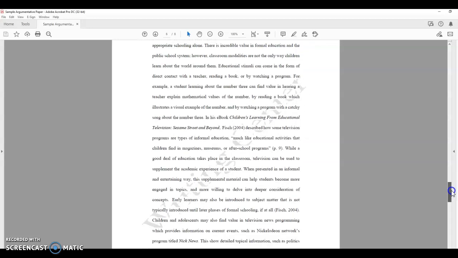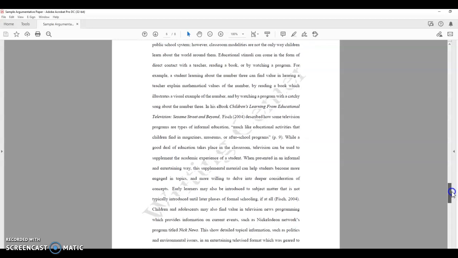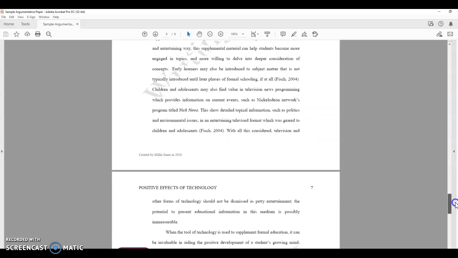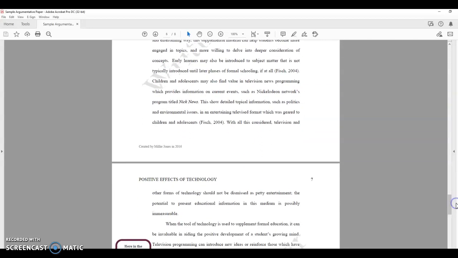So I would like you to read through this paragraph in more detail to see how she does this. The purpose of the counter argument is to demonstrate credibility, but it is still to use the discussion to support your argument. So while she discusses the people who think that technology use is negative, she does that with the purpose of demonstrating that her argument is still stronger.